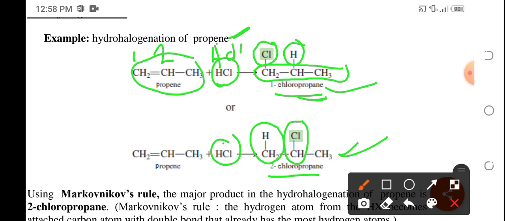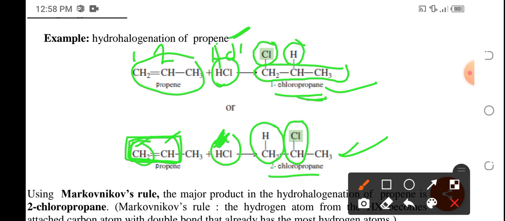But according to Markovnikov's rule, the one that predominates among these products is the one wherein the hydrogen goes to the unsaturated carbon atom that bears most of the hydrogen. So pupunta daw tong hydrogen ng HCl doon sa carbon atom na may double bond na mayroong pinakamadaming hydrogen. In this case, the propene double bond is CH2=CH.